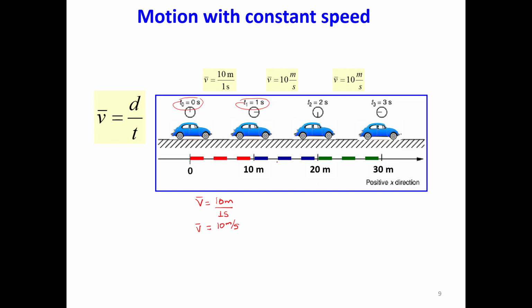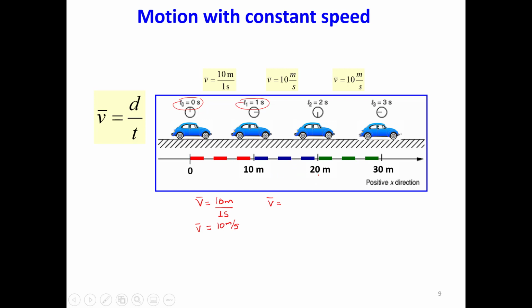Now let's see what happened in the second segment. What is the average speed in the second segment? This car moved from 10 meters to 20 meters. For the second segment, the distance that the car traveled corresponds to 10 meters.